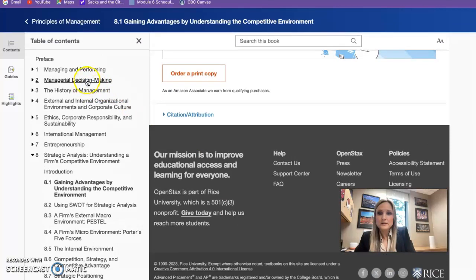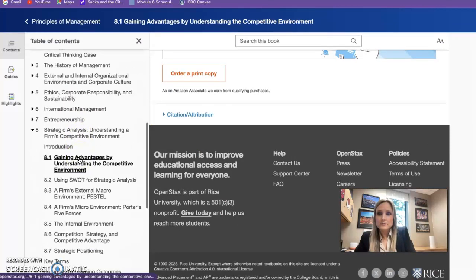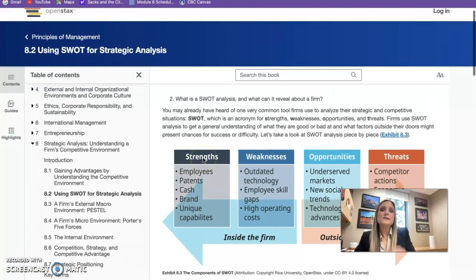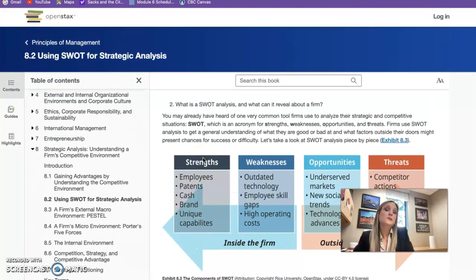Whoops, jumped to the wrong chapter. So when we talk about SWOTs here, it gives you the strengths, weaknesses, opportunities, and threats. So your strengths could be you have great employees, you have great brand recognition, you have, once again, unique capabilities, things like that.